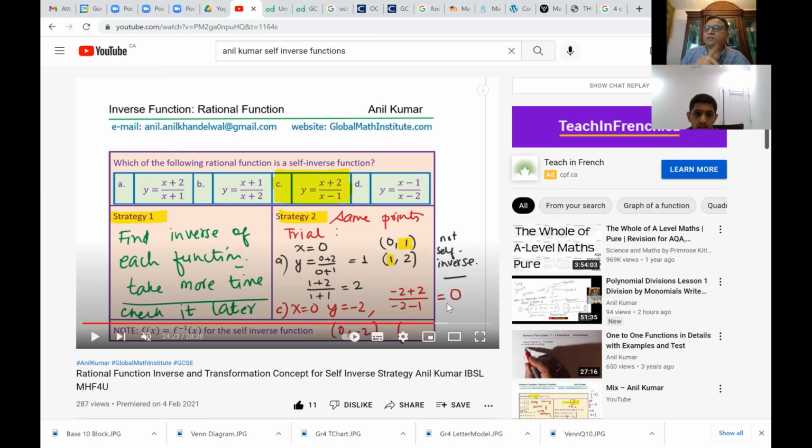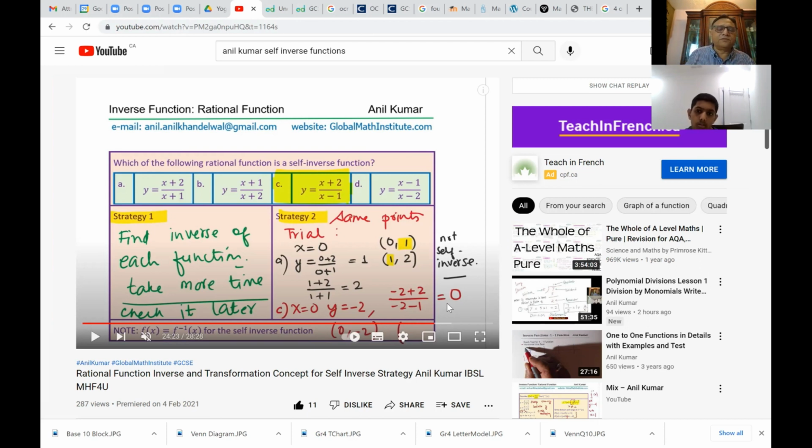That means it has the points (0, 2) and (2, 0), correct? So one point will match the other one, and therefore it becomes a self-inverse function. Is that clear to you? Substituting a point for a multiple choice question is probably the fastest way of finding the self-inverse in such a scenario. So that's what we should be doing, and we found that this is the right answer.